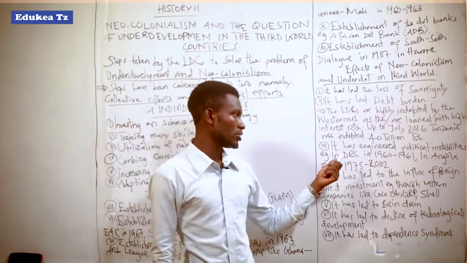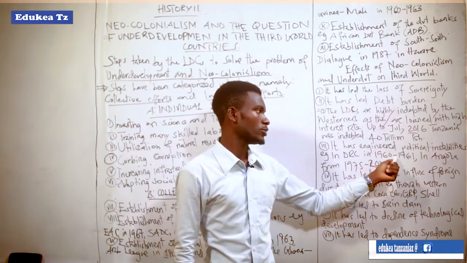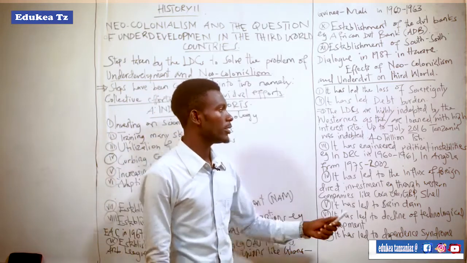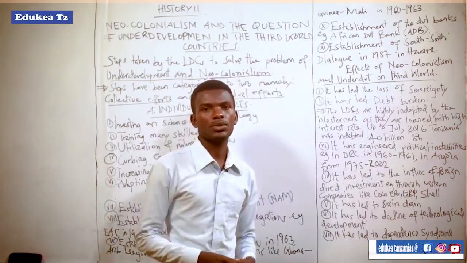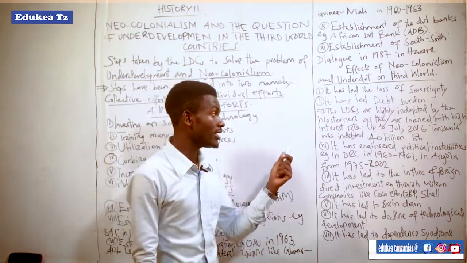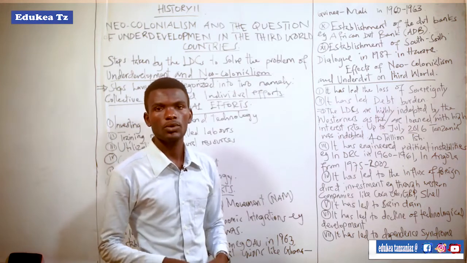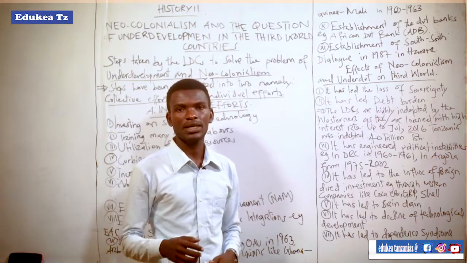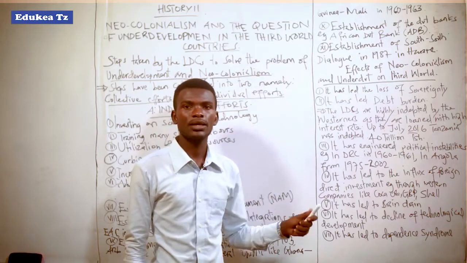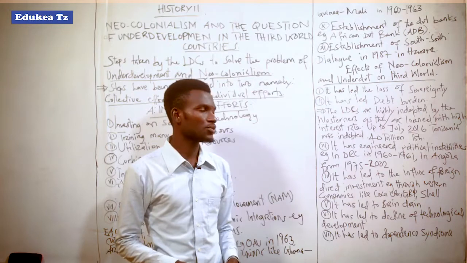For example, in the Democratic Republic of Congo from 1960 up to 1961, there were political instabilities which were engineered or supported by the imperialistic powers through acting as peacemakers while they were increasing the confrontation among the less developed countries.